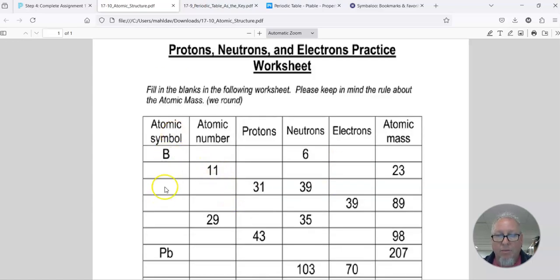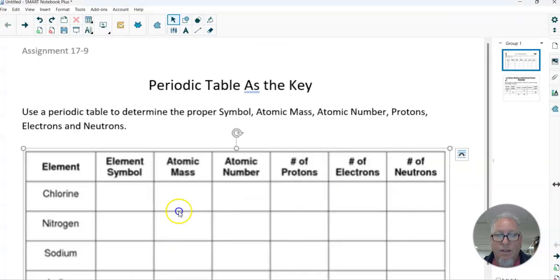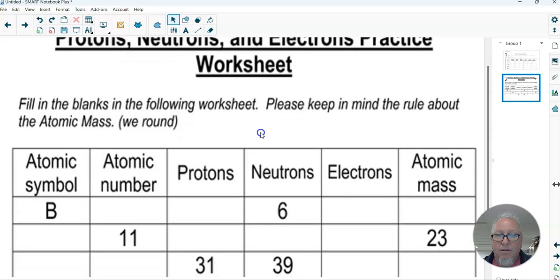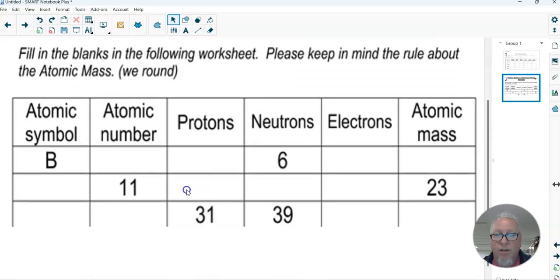When you find the element, you will have to look up its atomic number, the number of protons, the number of neutrons, the number of electrons, and the atomic mass. So for example, this one looks like it would be very challenging. As a matter of fact, I have this one in a notebook presentation so I can write on the screen. It doesn't appear like I have any way to identify what the element is that I'm supposed to be looking for.